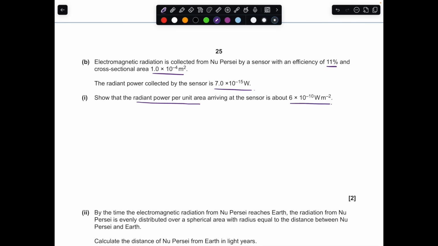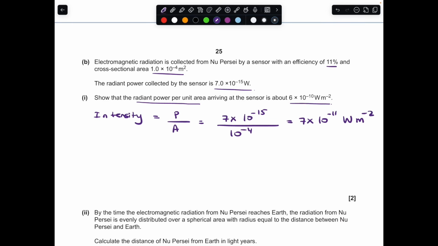Okay, so we know that the intensity can be calculated quite straightforwardly. We know it's power divided by the area, and that would be 7 times 10 to the minus 15 over 10 to the minus 4. And that would give me 7 times 10 to the minus 11 watts per meter squared.